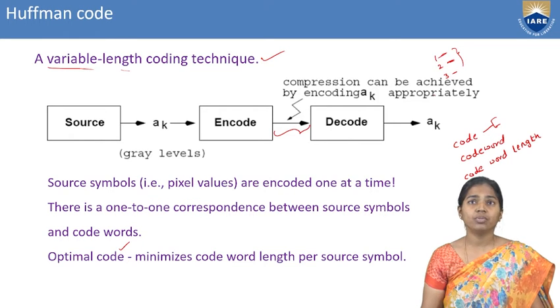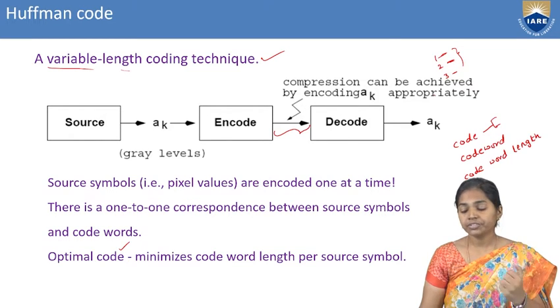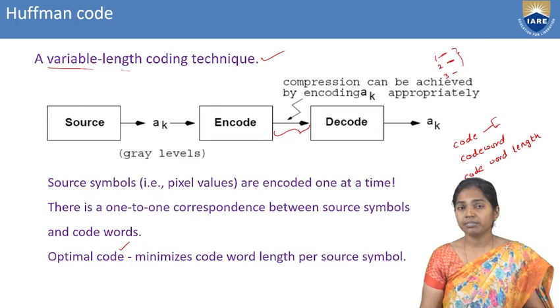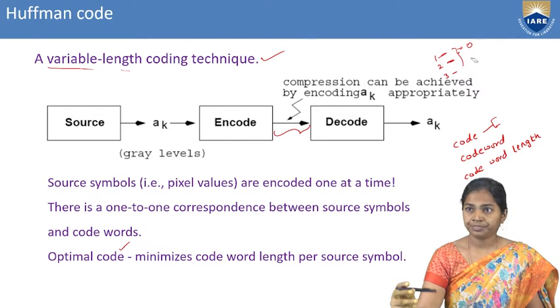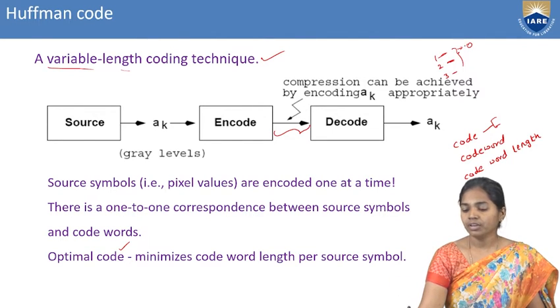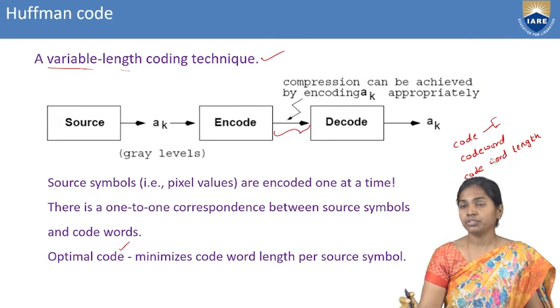But with variable length code, each gray level is represented with different bits. For example, to represent gray level 1, I use only 1 bit, and to represent gray level 2, we use 2 bits. So this is variable length code.